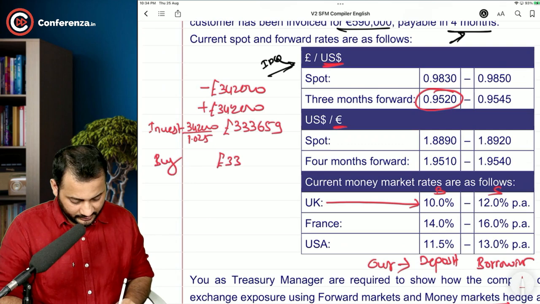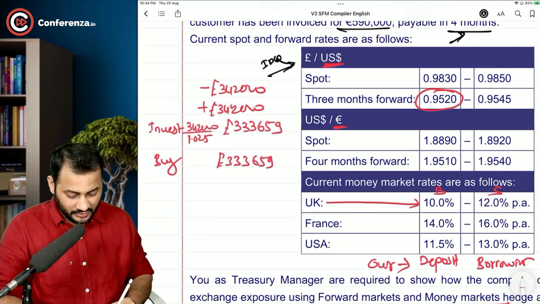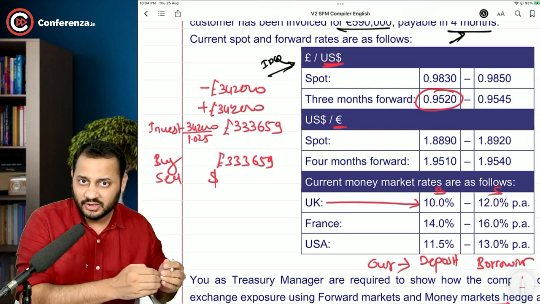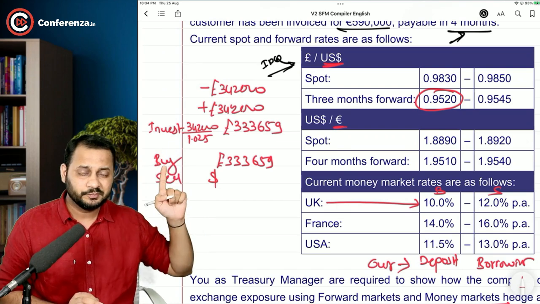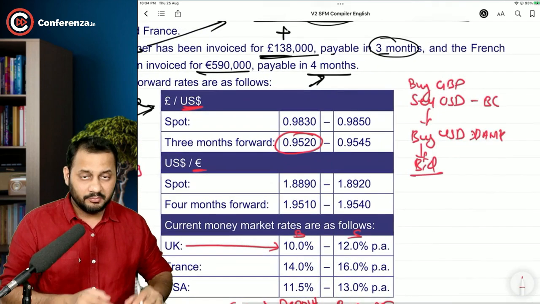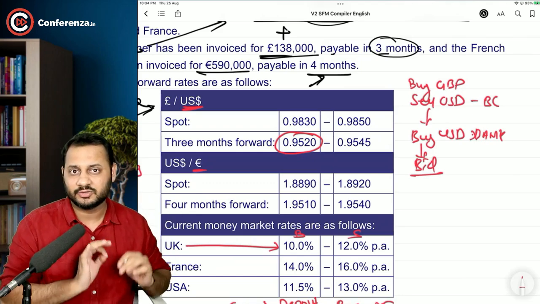Let's buy 333,659, and in order to buy this pound you will have to sell the dollars. How much do you want to sell today? This is happening at time 0. You want to sell the dollars and bank will buy the dollars. Dollar is the base currency, that's why I'm talking in terms of dollar.